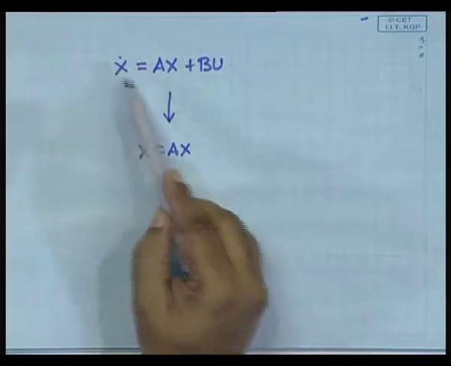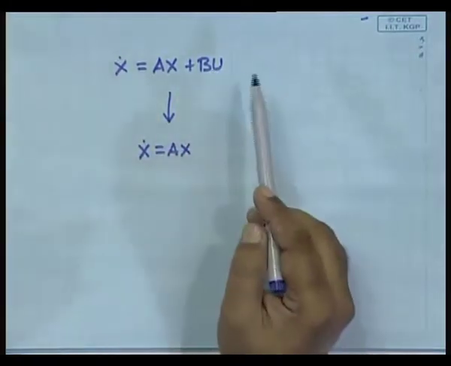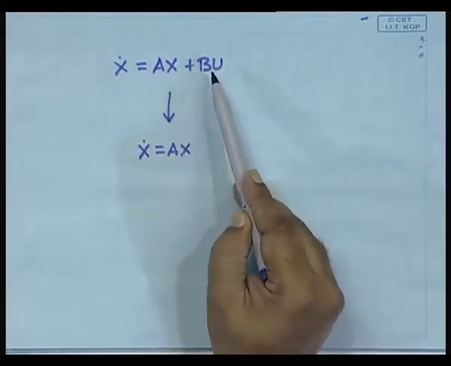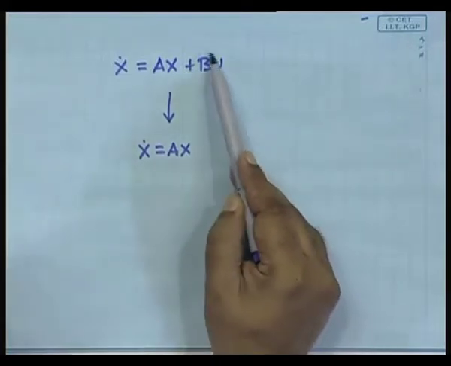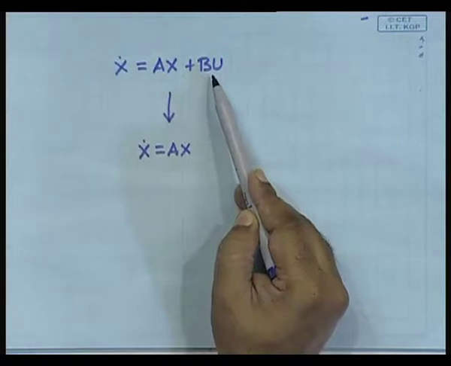So, if this is 0, the solution would depend on the B u vector. If this is not there, it is the origin. If it is there, then it will be something other than the origin. So, the effect of the external forcing, the external term, would essentially be to decide the location of the equilibrium point, and then we said that okay, let us first put that out of our consideration.